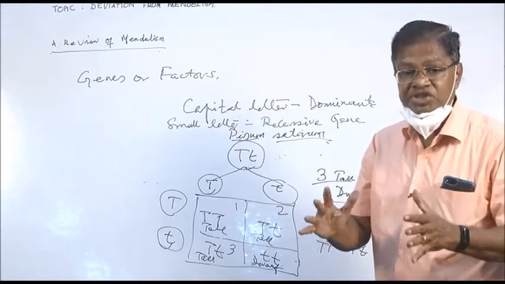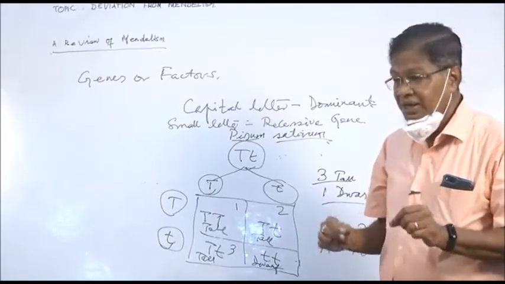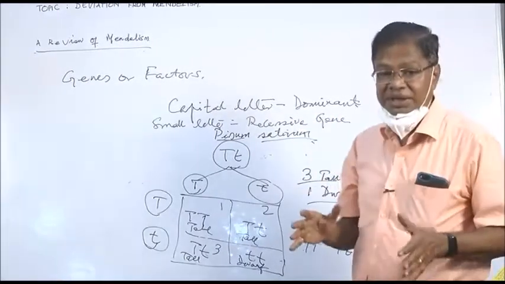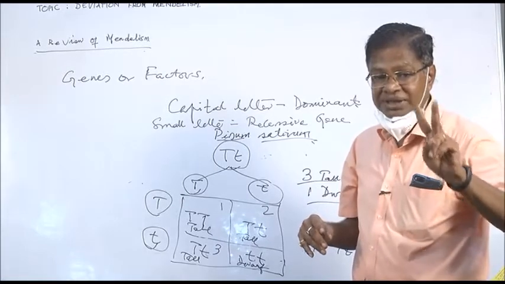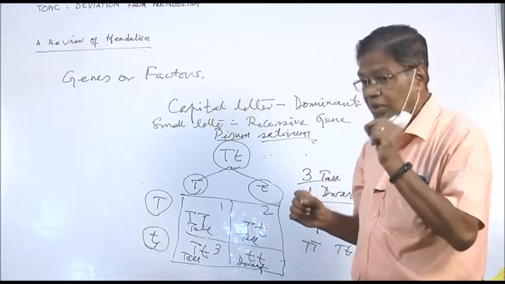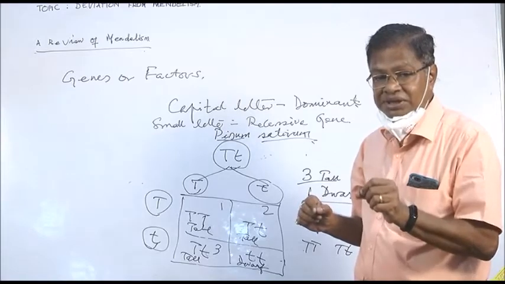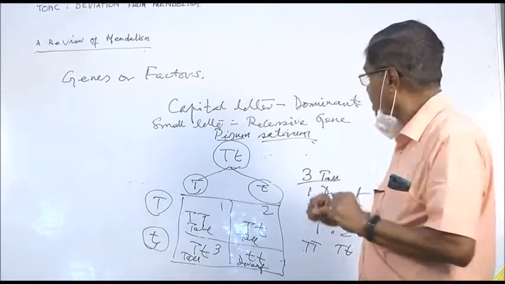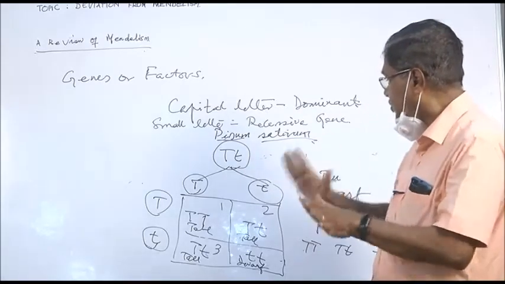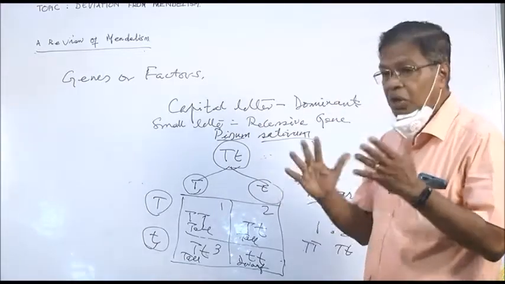These genes or factors are in pairs, and are expressed in terms of capital letters or small letters. There are two kinds of factors, dominant and recessive. The dominant ones are expressed by capital letter and the recessive ones by small letter. In monohybrid cross, let us take one character, that is height. The height of the plant may be tall or dwarf.